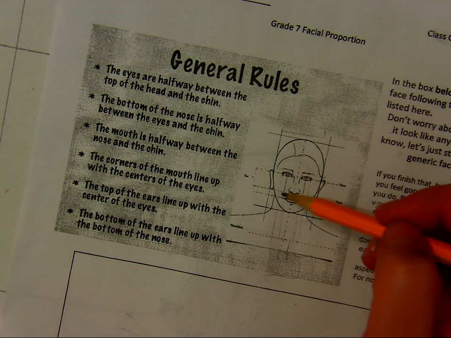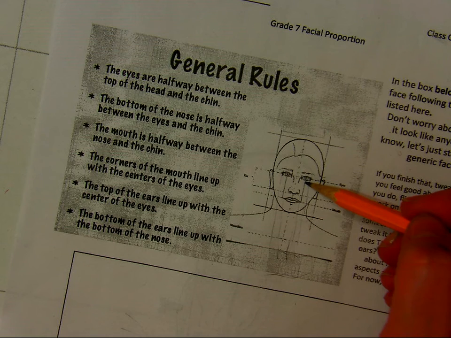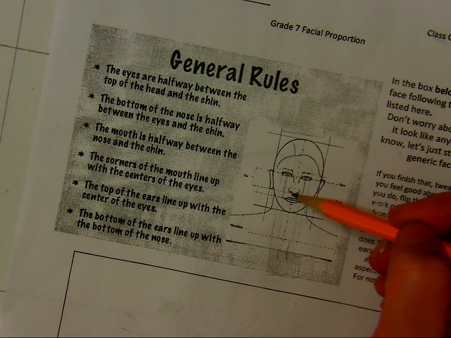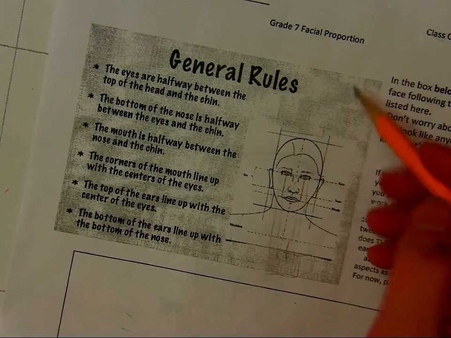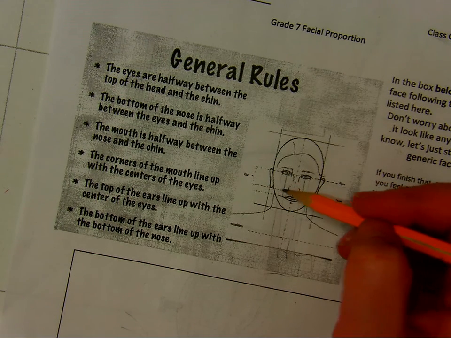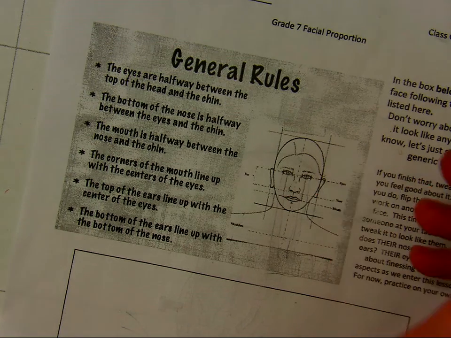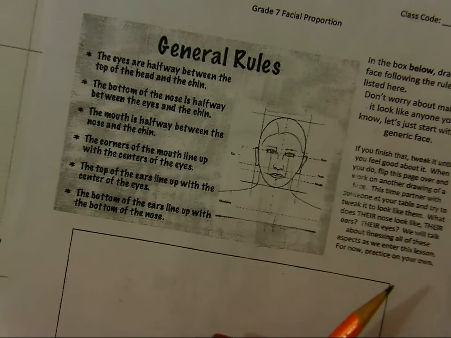The corners of the mouth line up with the pupils of the eyes. The tops of the ears line up with the eyebrows. This one actually says that it lines up with the center of the eyes, but I think it lines up with the eyebrows, so you can decide that. And the bottom of the nose lines up with the bottom of the ears. So keep this next to you because we are going to be referring to it.